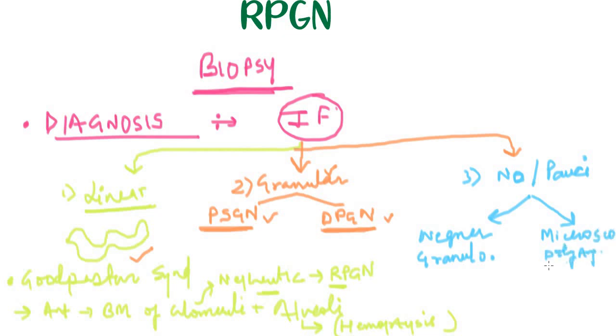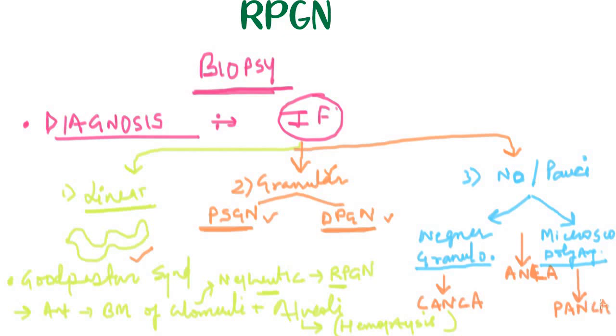In this case you go for the assay of anti-neutrophil cytoplasmic antibodies, or ANCA. In Wegener's granulomatosis we have C-ANCA, and in microscopic polyangiitis we have P-ANCA.